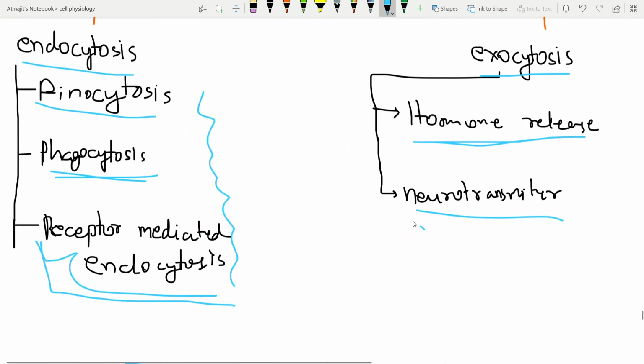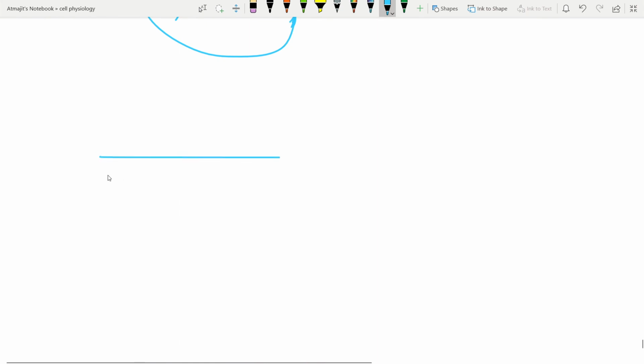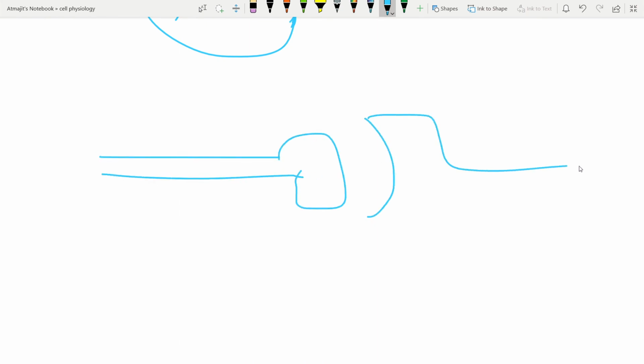Then neurotransmitter. In the case of a neurotransmitter, there is a neuron here and another neuron here. Let it be acetylcholine secreted from here, from the axon terminal of the cell membrane of a neuron, and it will reach the next cell through neural junctions.